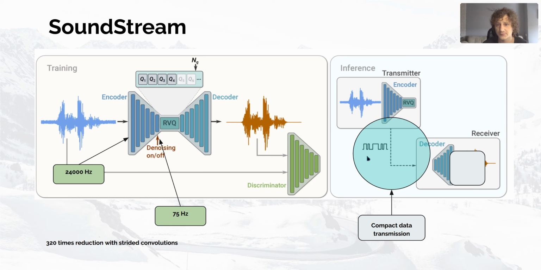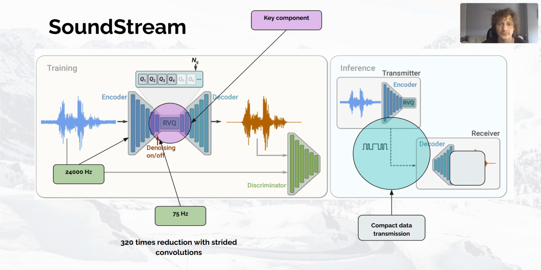I'll cover this part as well, just in a little bit. And by using only indices from our codebook, we can compactly compress our data and transmit it quite efficiently using low resource devices with low bandwidth and with a bad internet connection and so on. So the key component of this structure is here.